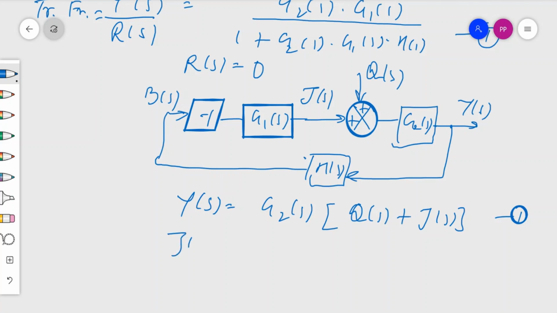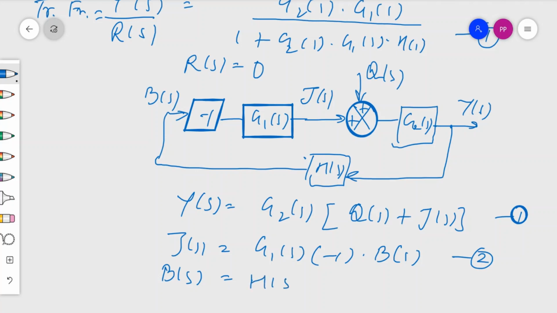JS is the output of G1S, and G1S is getting the output of minus 1, that is the gain block, which is getting the signal BS. So this is equation 2. Then we have BS equal to HS into YS. So this is equation 3.